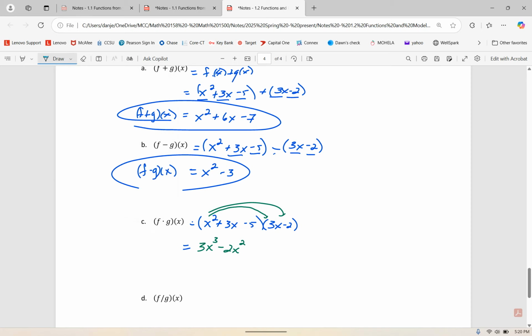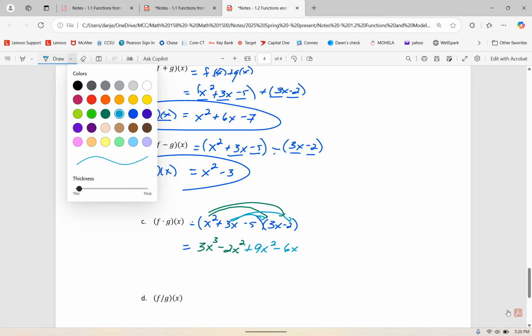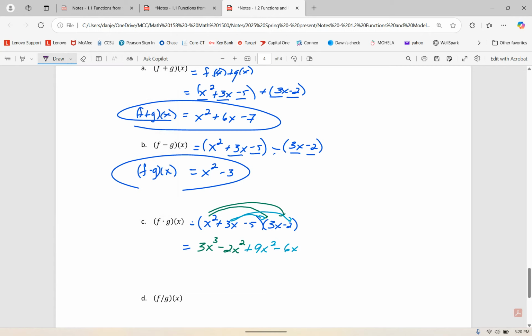Then, I'm going to distribute the 3x. 3x times 3x is 9x squared. 3x times negative 2 is negative 6x. Lastly, I'm going to take the negative 5 times 3x, which is negative 15x, and negative 5 times negative 2 is plus 10.